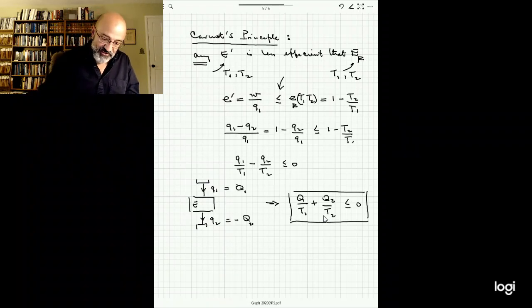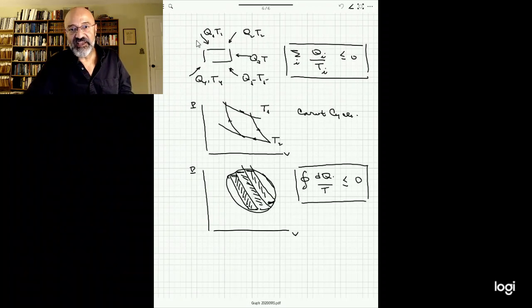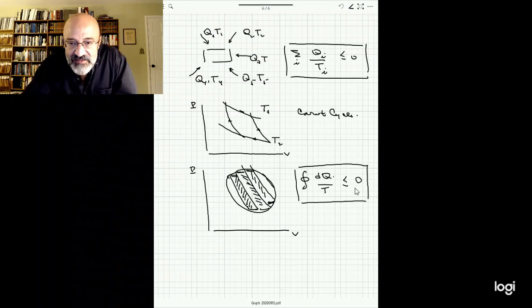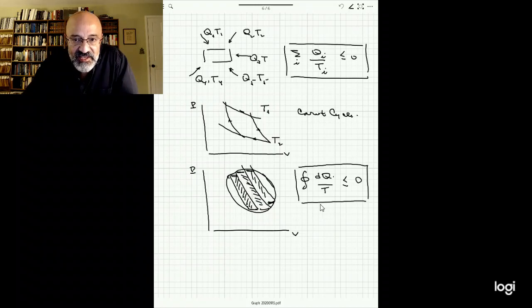And so for those engines in which you get heat from many different reservoirs and throw heat out at many different temperatures, you obtain an expression like that. And in the continuum limit, you could imagine an engine that operates in some arbitrary cycle like that. And for that, it would be something like this integral that is less than 0. Do you see the expression for entropy starting to show up there? That's what we're going to be discussing next time.